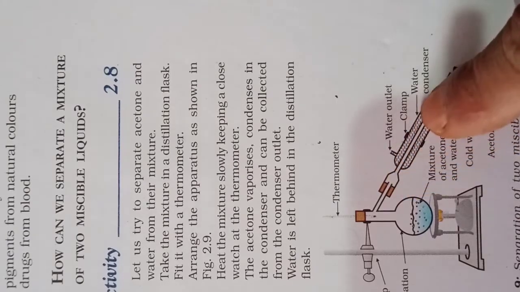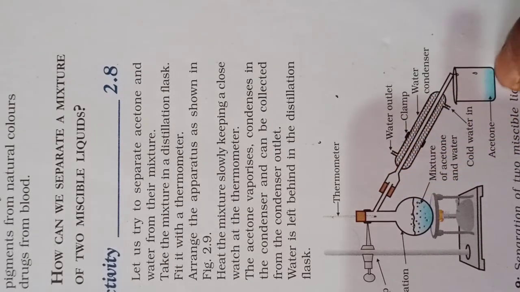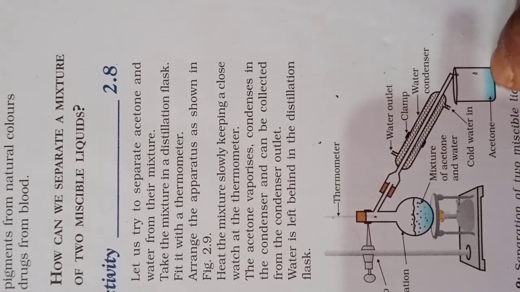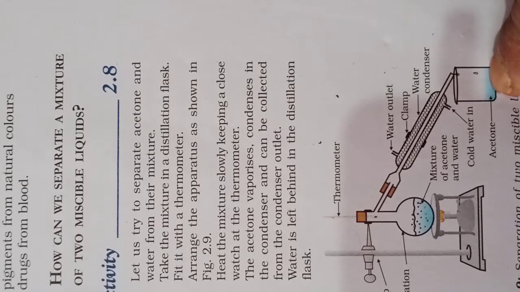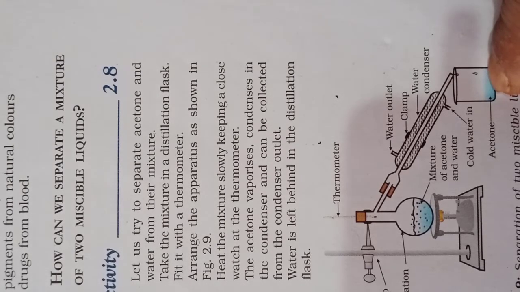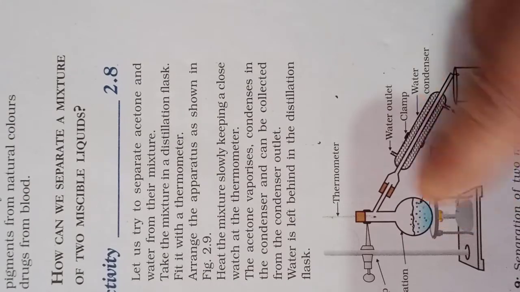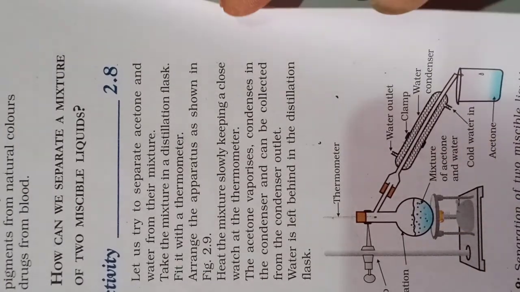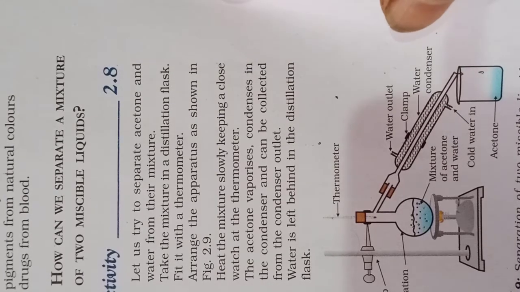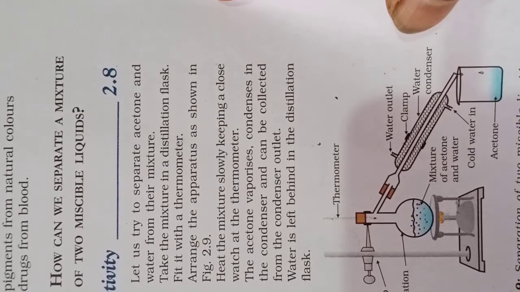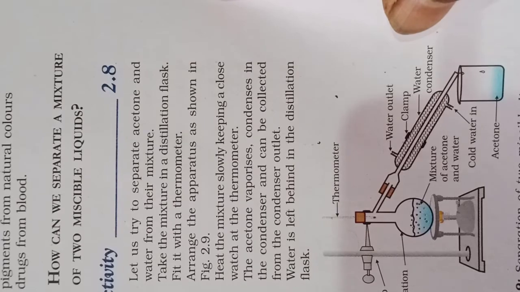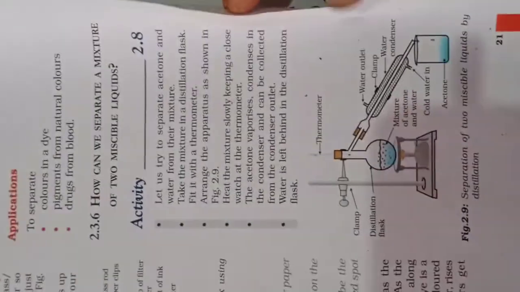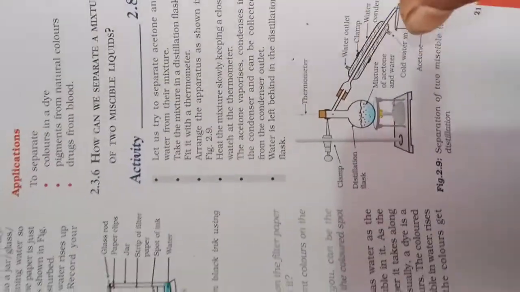When the gases come through the condenser, they condense to form liquid. So the one with the lower boiling point collects in the vessel, and the one with the higher boiling point stays in the distillation flask. Like this we can separate a mixture of two miscible liquids which have different boiling points. If the difference in boiling points is very small, then we need to use fractional distillation.